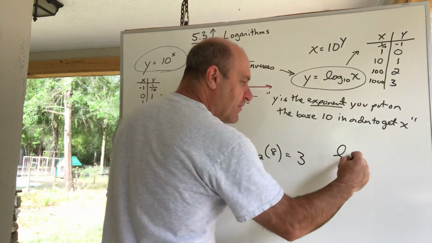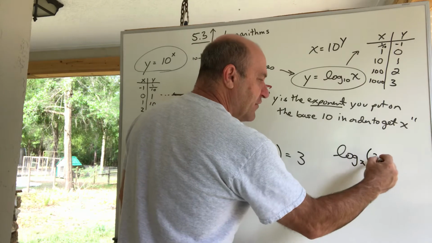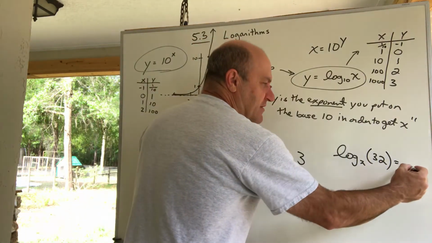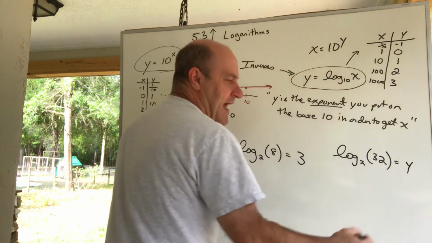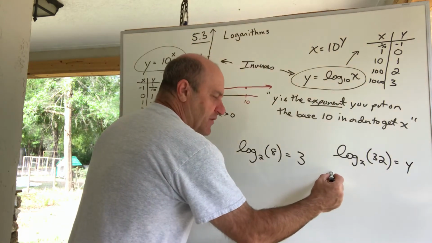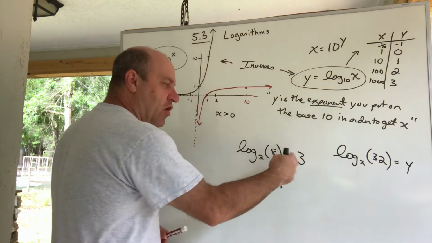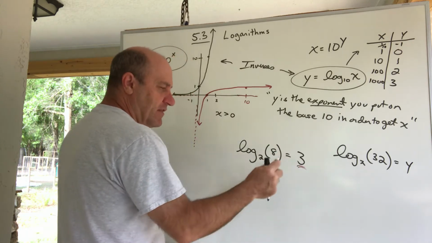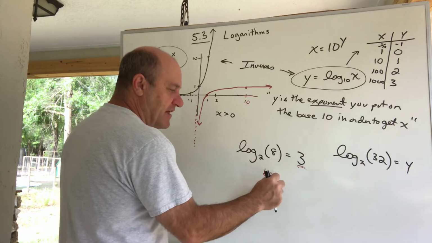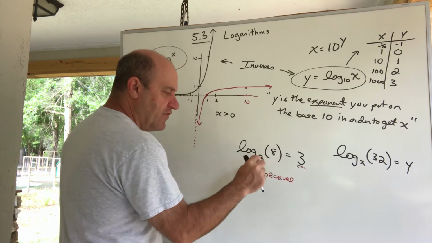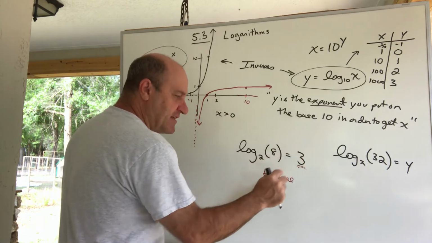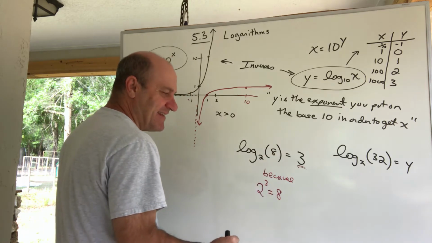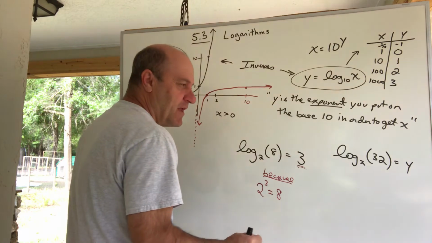What if I'm looking for the log base 2 of 32? Let's just say I don't know the answer. The answer is some answer y. Sometimes what helps is to rewrite the logarithm. I just talked you through the sentence and we came up with the answer 3, and the reason is because the base 2 raised to the exponent 3 is 8.